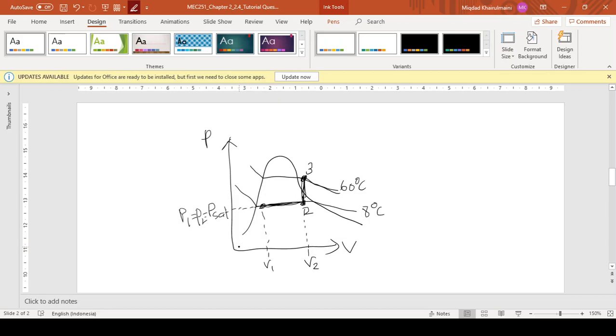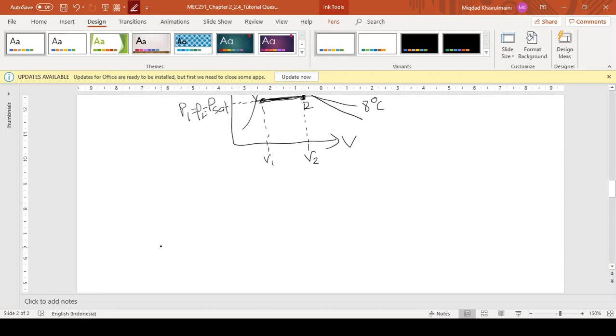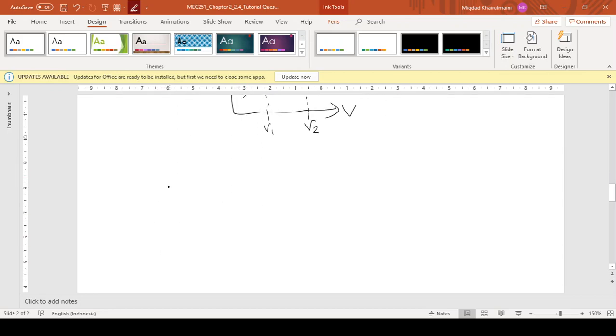So the final one is to substitute the values to calculate the net total work. We know now that net total work is only the boundary work for the first process. So I use the specific volume form: mass multiplied by pressure, specific volume 2 minus specific volume 1.